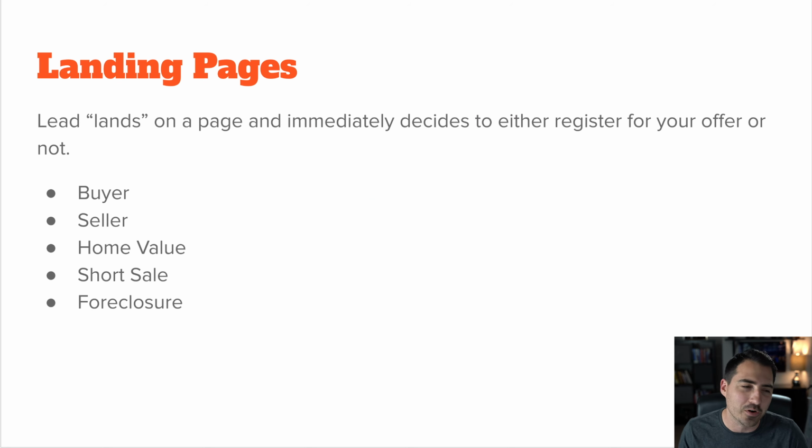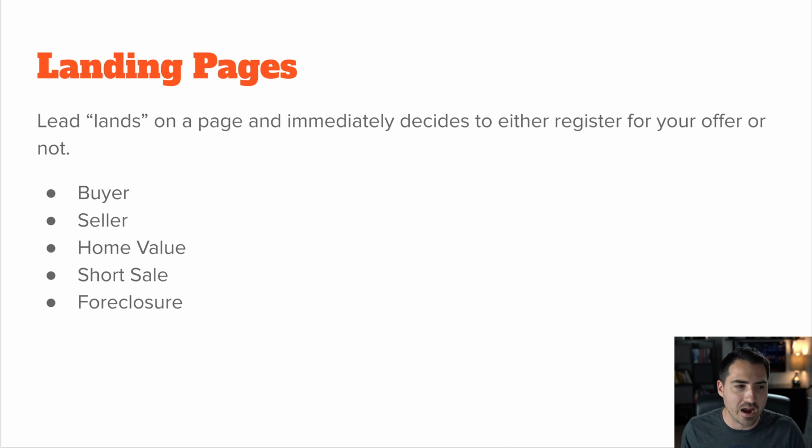Landing pages are essentially when a lead lands on a page and they immediately have a decision either to register for whatever your offer is or not. You're sending them somewhere, and once they hit that page, they decide: do I want what that person's offering? Should I give up my email address or my phone number? Or do I want to bounce? That is what a landing page is.